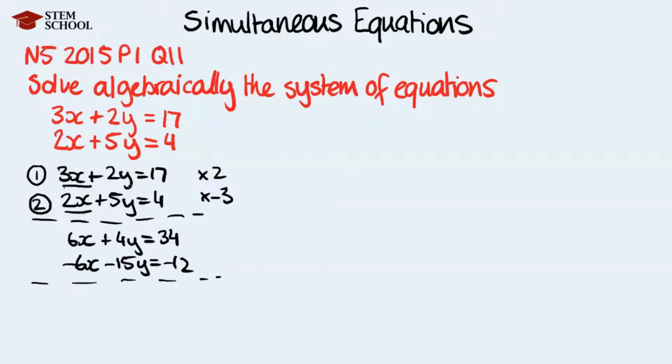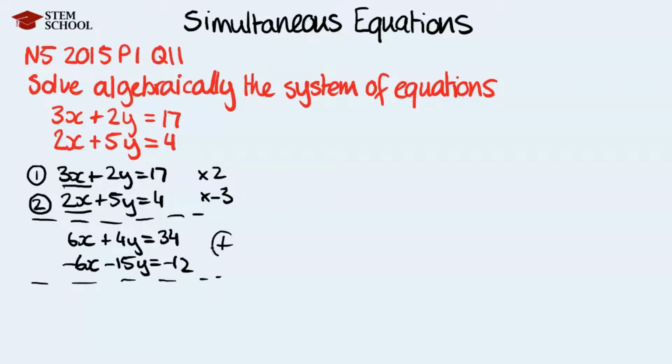So if I chose the y to eliminate the y variable, we have a 2y and a 5y. I could have multiplied it to get 10y. So 2y times 5 will give me 10y. 5y times 2 will also give me 10y. And again, you just want to make sure one of the 10y is a minus. So when you add both of the equations, the y variables will eliminate. Okay, so hopefully that makes sense.